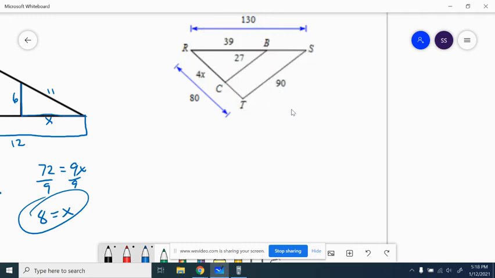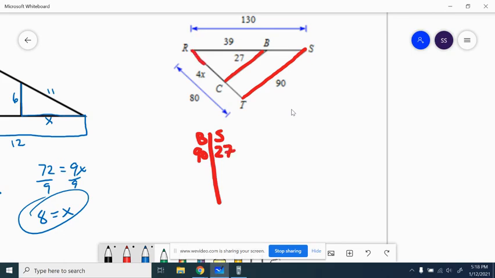We've got a big triangle and a small triangle. Okay, so I think the easiest to recognize is that this side length off to the side here corresponds with this side piece for the large triangle, so we have 90 goes with 27, and we need to figure out x.